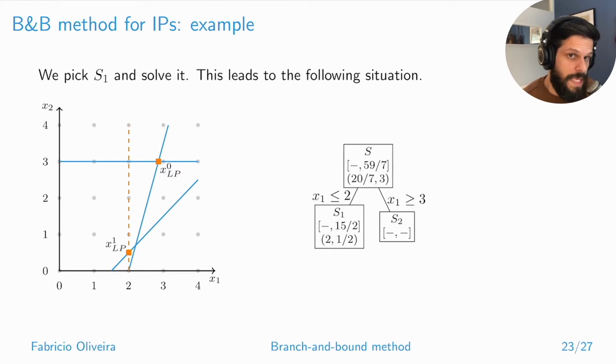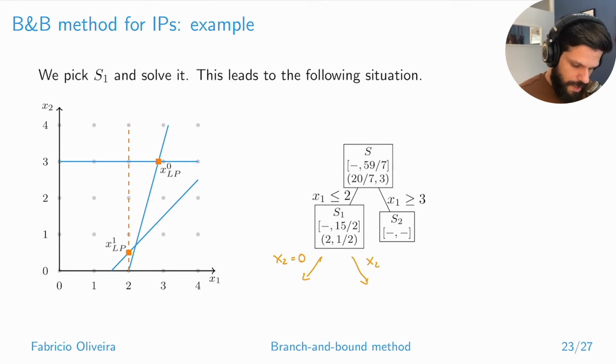So the next step to do here would be I can either solve S2 or carry on and solve one of the new subproblems. You can see immediately that the subproblems here are going to be one with a constraint x2 less or equal than 0 because it's 0.5, or we can simply say equals 0 because x2 is constrained to be greater than or equal than 0.